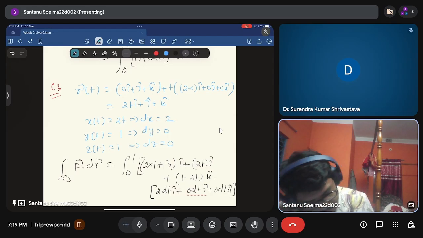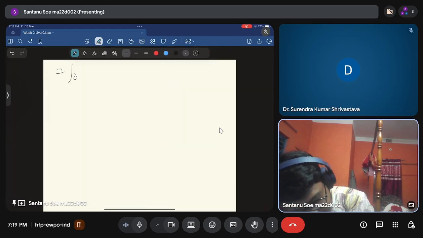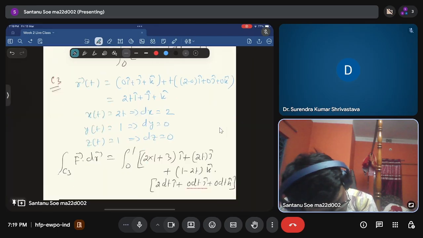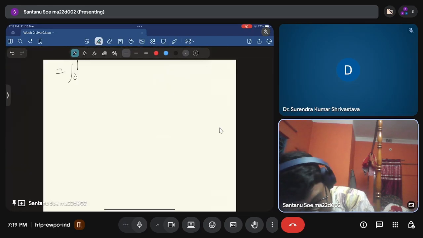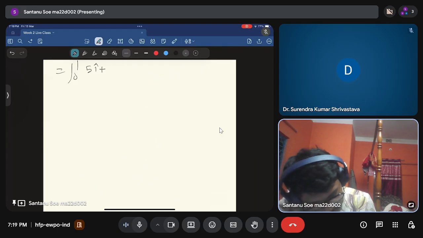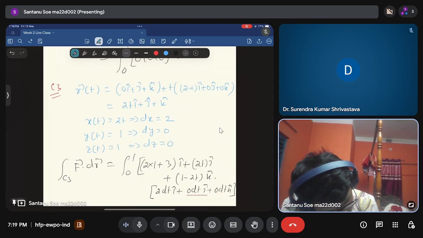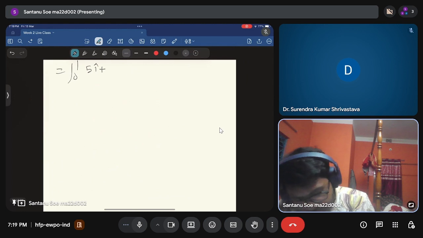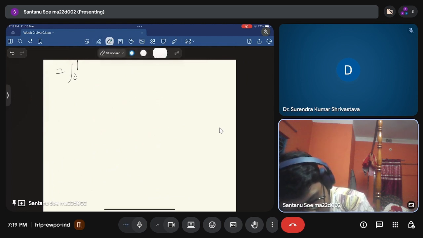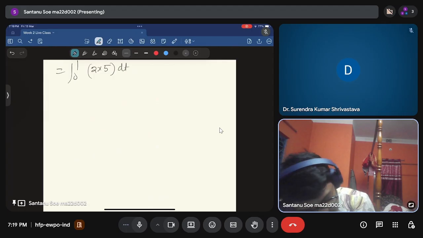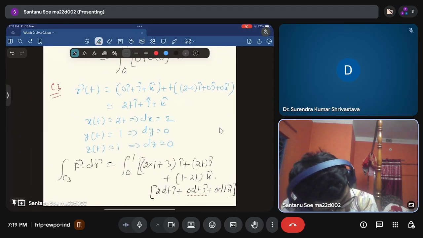So this is 2 times 5, which is 10 dt, and all other terms will be 0.